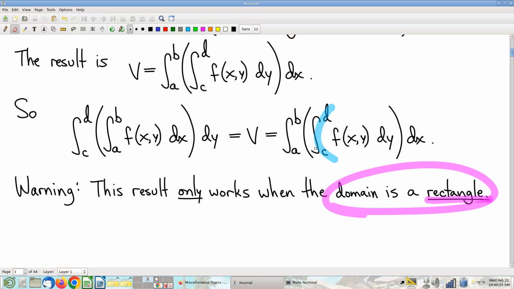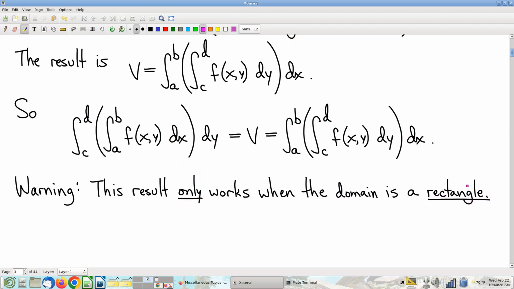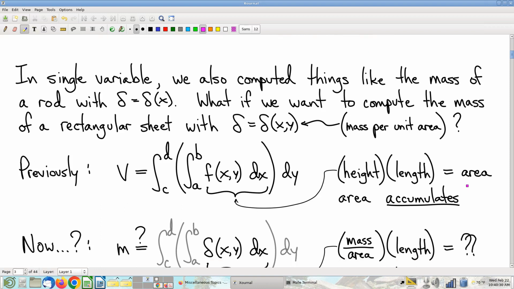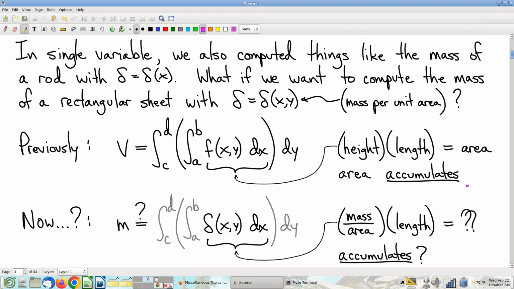Okay, so let's see here. Now, here's an awkward point. Let's think about single variable integrals for a moment. What do we compute with single variable integrals? A lot of students like to lean on what I consider to be the crutch of thinking of single variable integrals as computing areas under graphs.